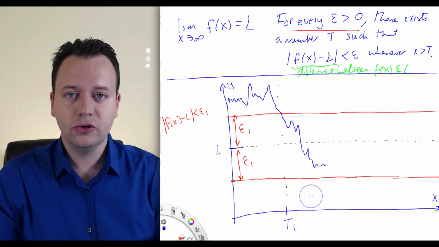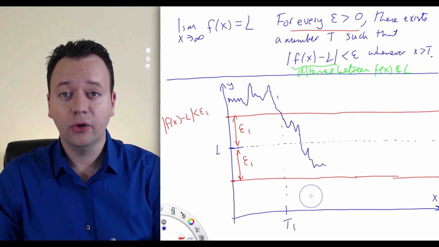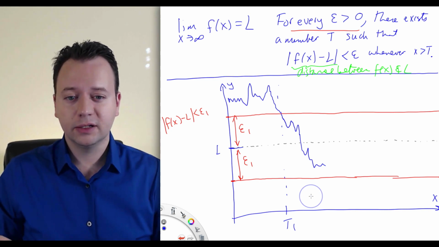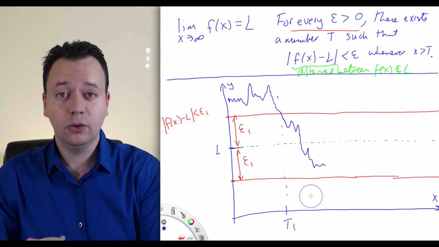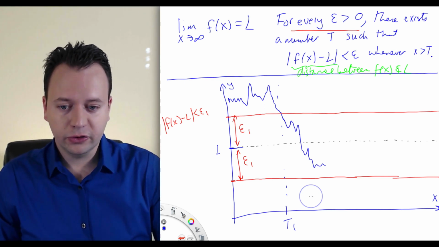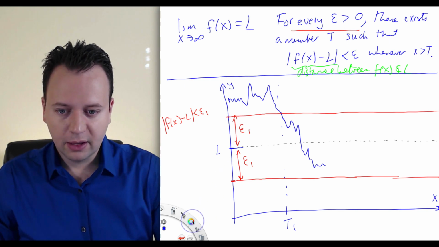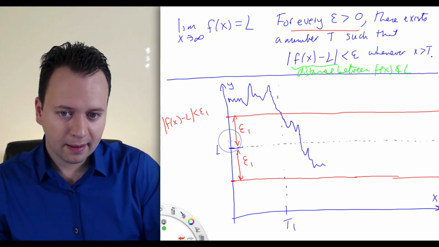And the beauty is you can do that with any positive number, regardless of how small it is. So you can do that for an epsilon of 0.1 or 0.001, right?